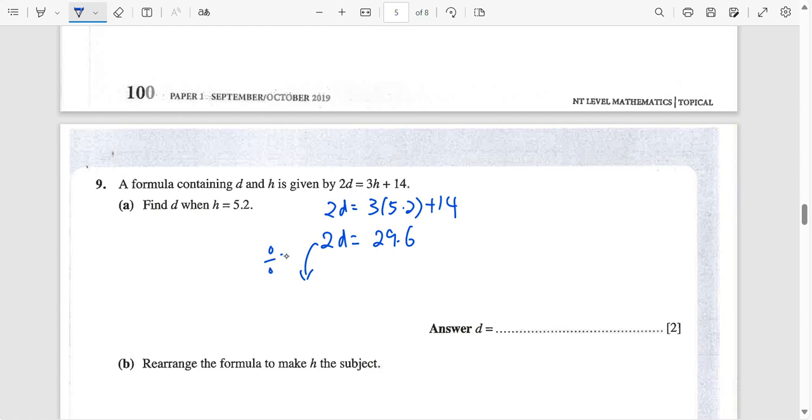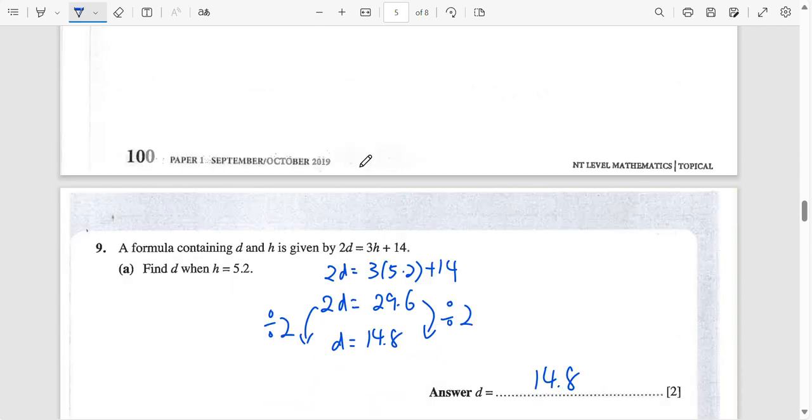And you need to divide by 2, so your D will be 14.8. Okay, so remember you need to divide by the 2.